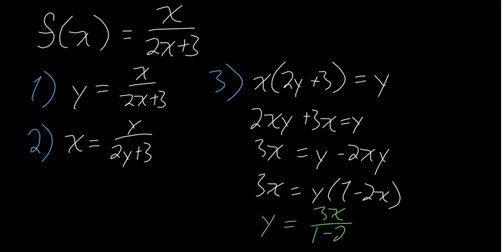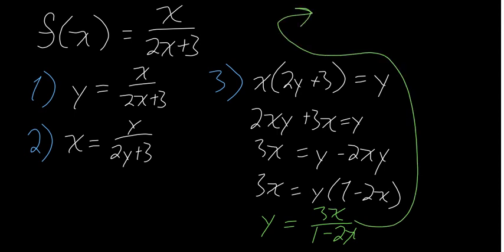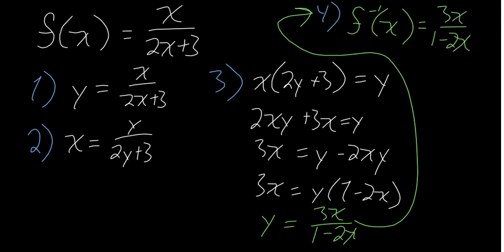Okay, and then step 4, change y into f inverse of x, which is equal to 3x over 1 minus 2x.